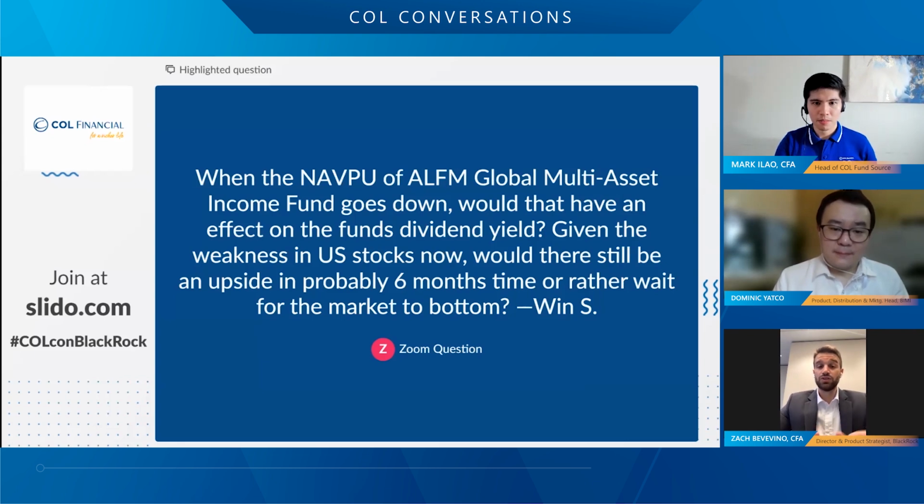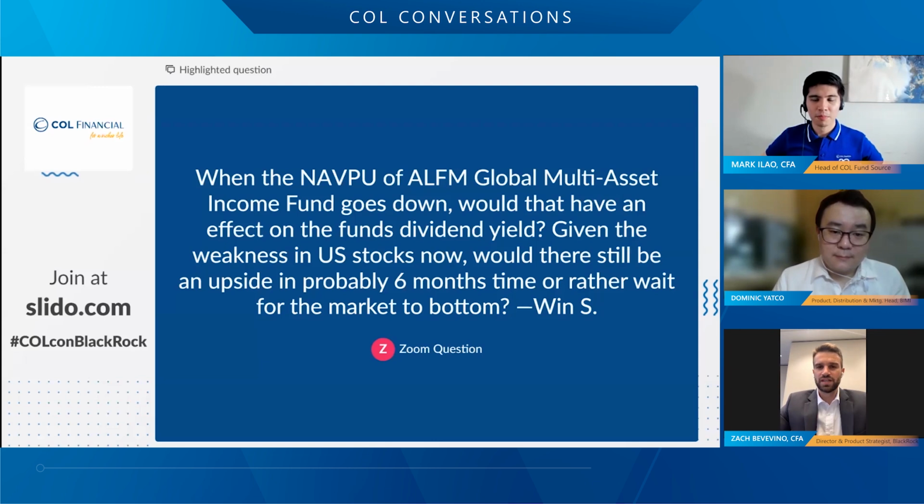Now, it could change if we are making changes to our exposures in the portfolio because we are trying to take up risk or take down risk, which could impact the overall dividend yield. But in terms of just the market movement of different prices, you would expect the yield to be rather consistent because we're collecting those things. And the price volatility on these things doesn't necessarily impact the income that you could earn.